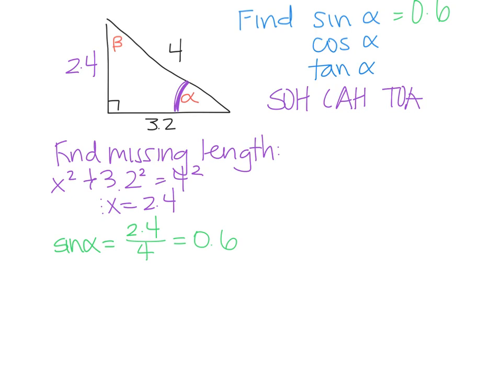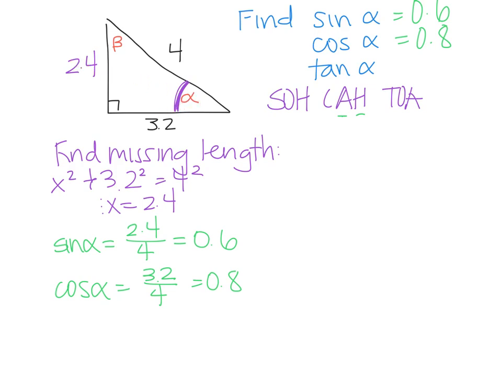So 0.6. Let's see, the cosine of alpha, well, let's think back. That's adjacent over hypotenuse. So that's my adjacent divided by hypotenuse. So that's 3.2 over 4, and I know what that is, 0.8. And then I have my tangent. And so tangent's a little bit different, right? These are pretty straightforward, but tangent is opposite over adjacent.